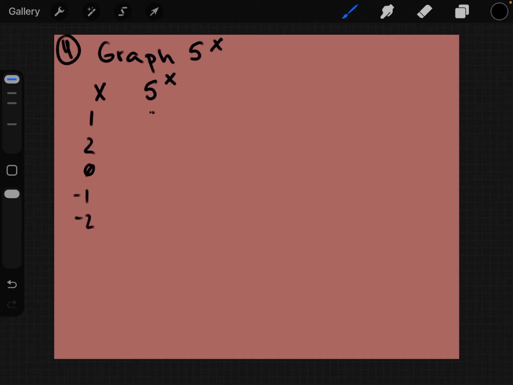5 to the first power is 5. 5 squared is 25. 5 to the 0 power is 1. 5 to negative 1, 1 over 5. Negative 2, 1 over 25. And this is 0.2. And this is 0.04.